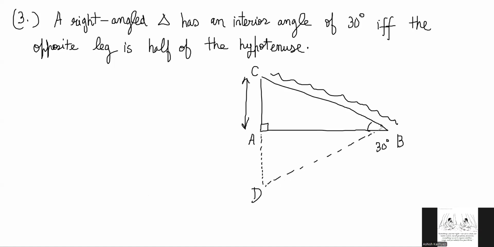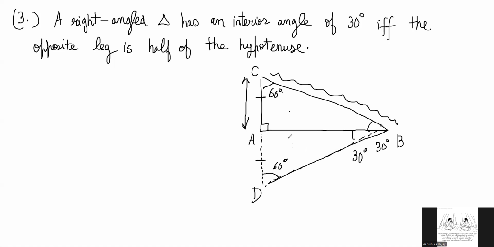And these two triangles will be congruent. Yes, sir. This will be 30. And then what? Then this angle CAD becomes 60, and we know from angle chasing that angle CBA is 60. So it's an equilateral triangle, sir. Right, CB is twice of AC by congruency.